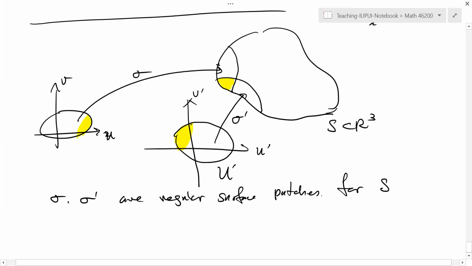So we are going to have a map, depending on how you define. This is a U, a V. What I'm going to do is send it to here, then I pull back to here by this sigma.